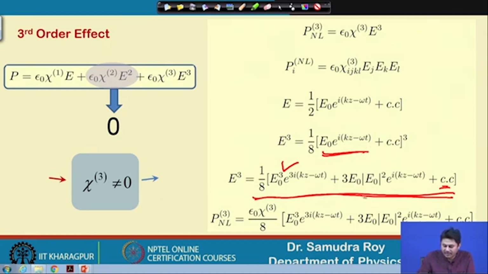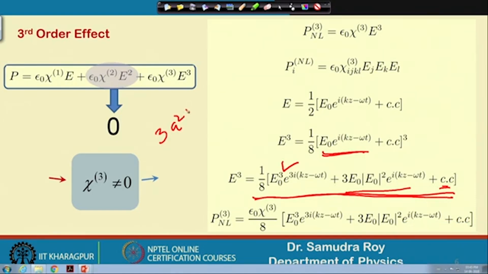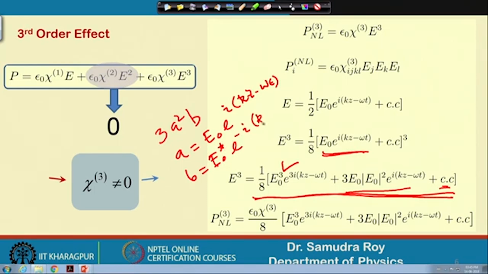If my a is E 0 e to the power of i(kz minus omega t), and my b is E 0 star e to the power of minus i(kz minus omega t), then multiplying a square and b, I will have one term which is mod E 0 square, because the complex conjugate is multiplied with this, and another term which is simply E 0 e to the power of i(kz minus omega t). Exactly the same thing is done here. So, I will get this term.